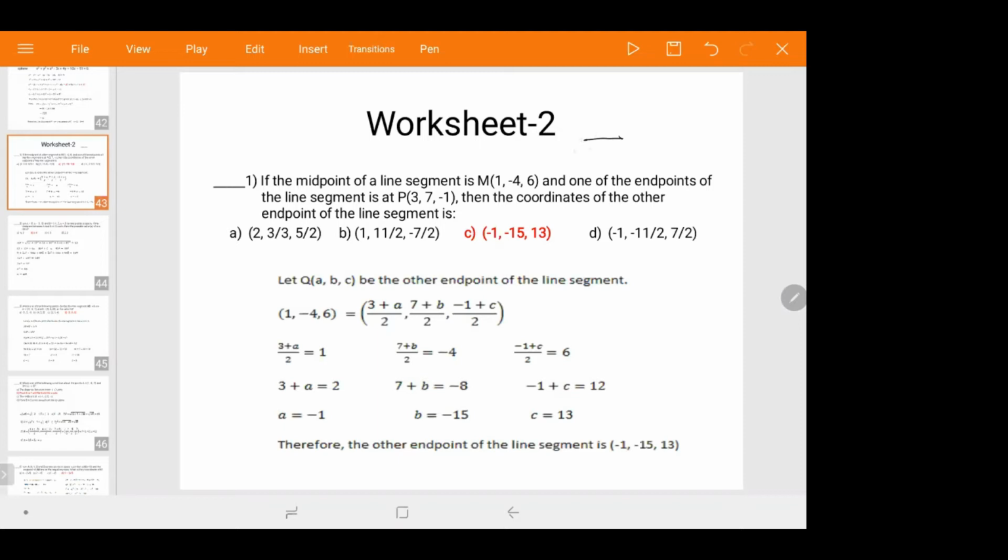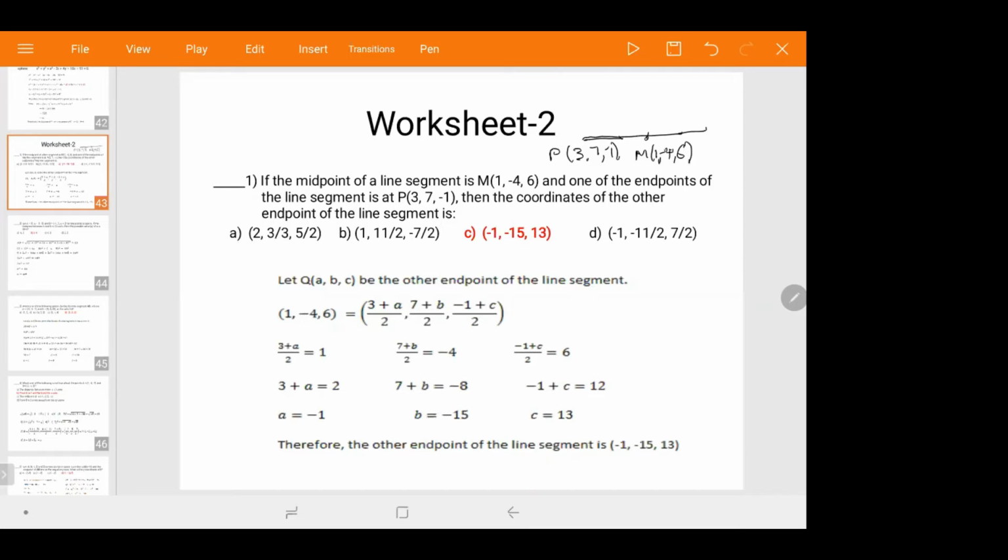Now we are given a point P, the ordered triple (3, 7, -1), and the midpoint of the line segment is the point M, the ordered triple (1, -4, 6).